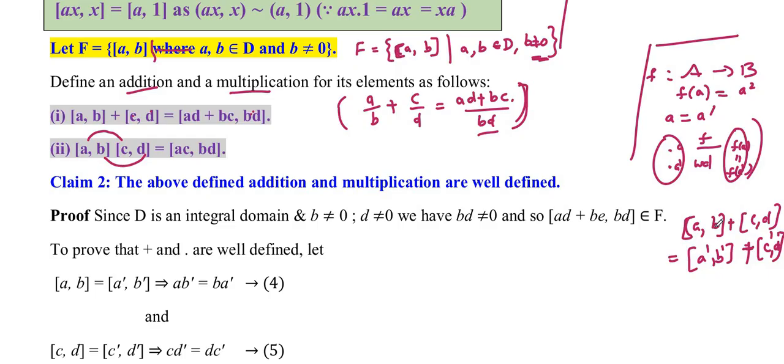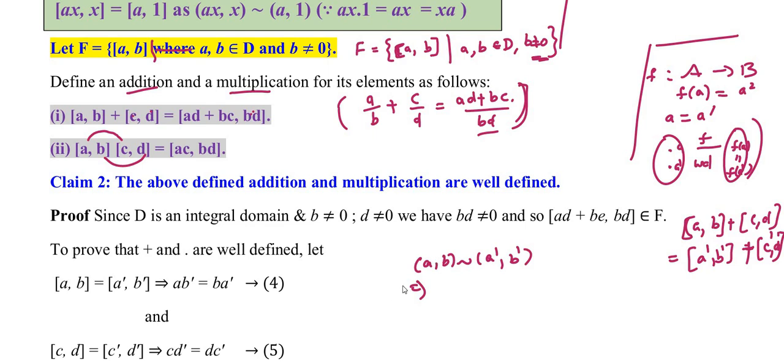Now, given that the class [A,B] is equal to the class [A prime, B prime], what does it mean? Whenever two equivalence classes are equal, the corresponding elements are related. So the ordered pair (A,B) should be related to the ordered pair (A prime, B prime).